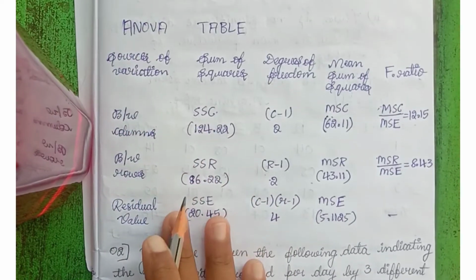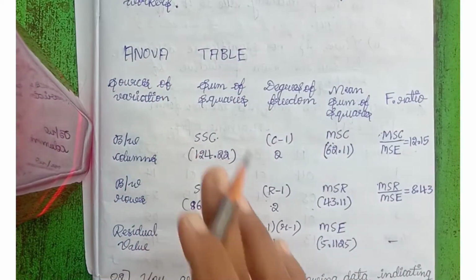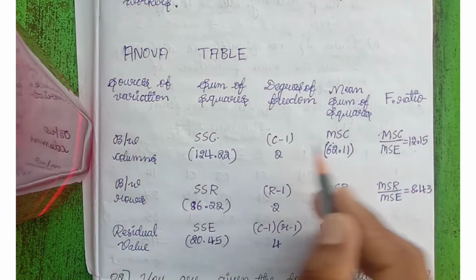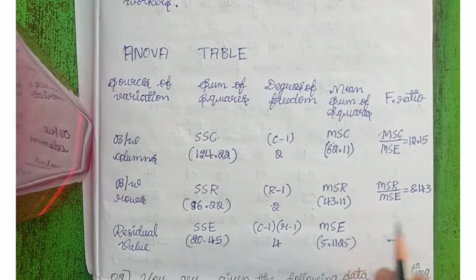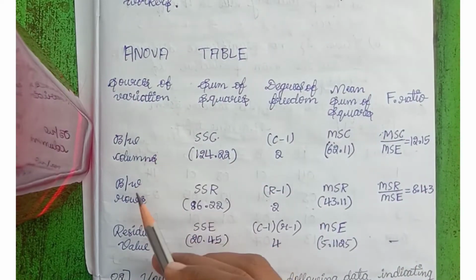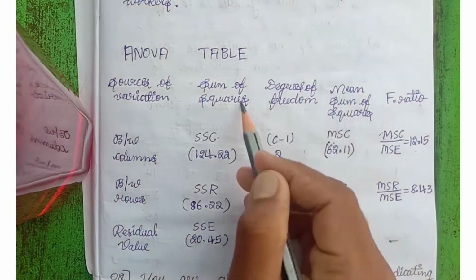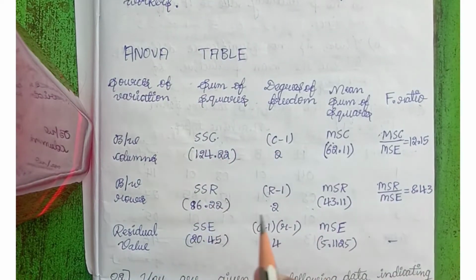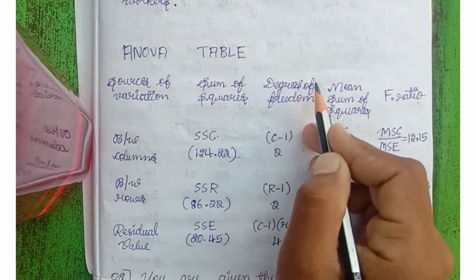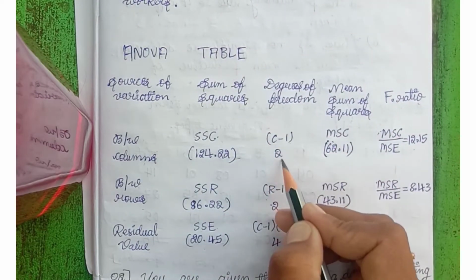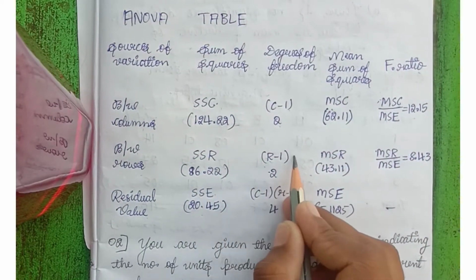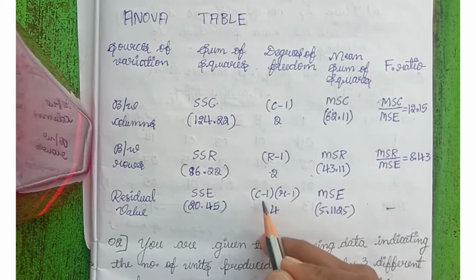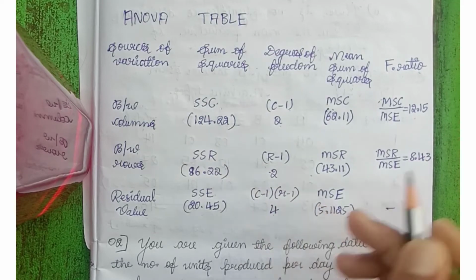After this we have to present the ANOVA table. As I told, whatever we have calculated in the problem, we just have to present those values in the ANOVA table, with sources of variation between columns, between rows and the residual. For the sum of squares, I have written the SSC value here, the SSR value here, and the SSE value. Next, the degrees of freedom: 3 minus 1 is 2, and R minus 1 is 2, same here, and 2 into 2 gives 4.